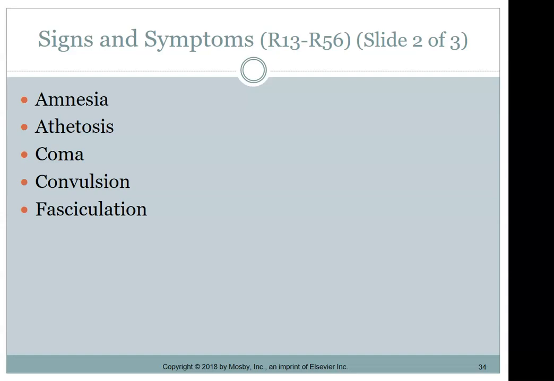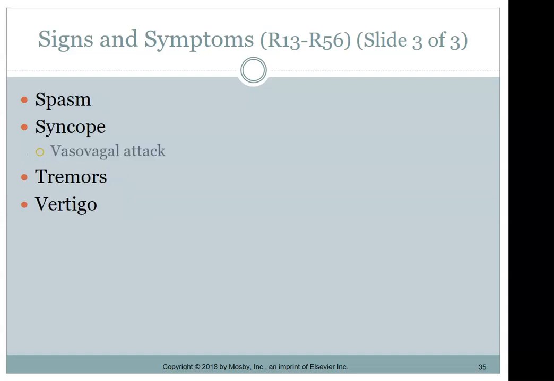A recurring seizure disorder is also called epilepsy. Fasciculation is involuntary contraction of small local muscles. A spasm is an involuntary muscle contraction of sudden onset. Some examples could be hiccups, tics, and stuttering. Syncope is fainting.